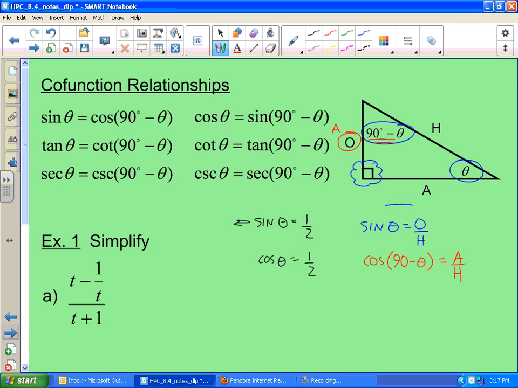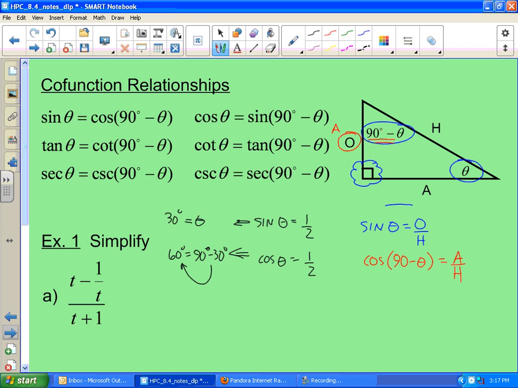In that case, we have this being equal to 30 degrees, and this one would then be 60 degrees. And where does 60 degrees come from? 90 minus 30. So that's the cofunction relationship.